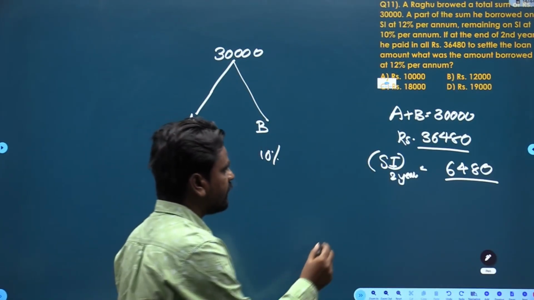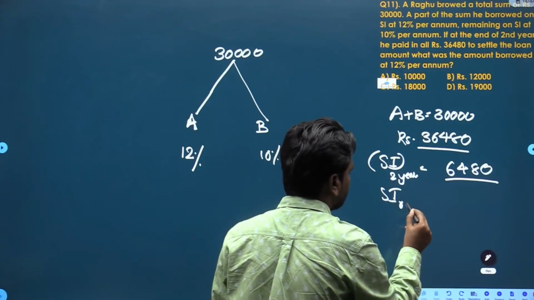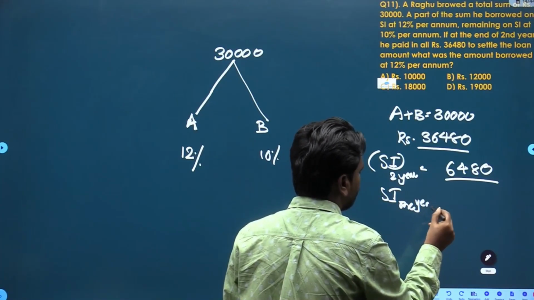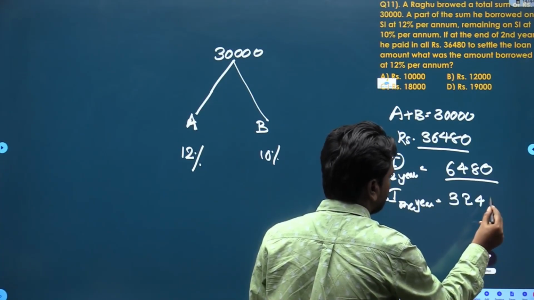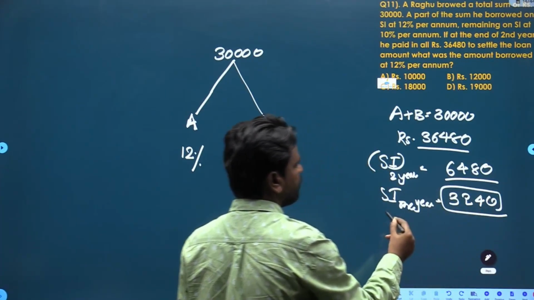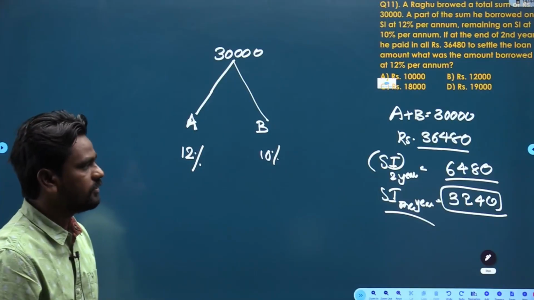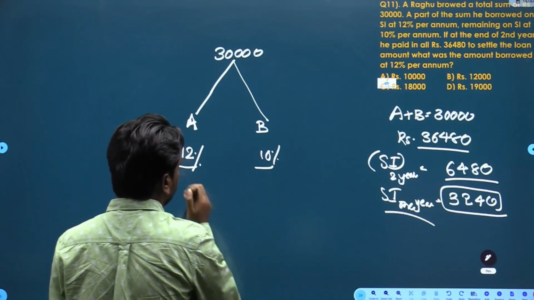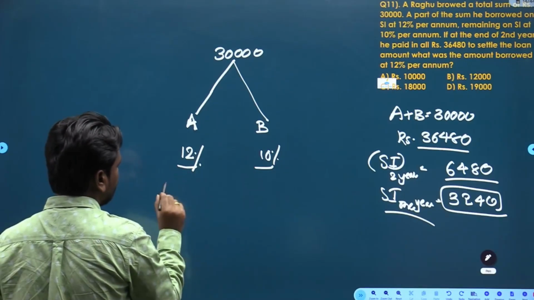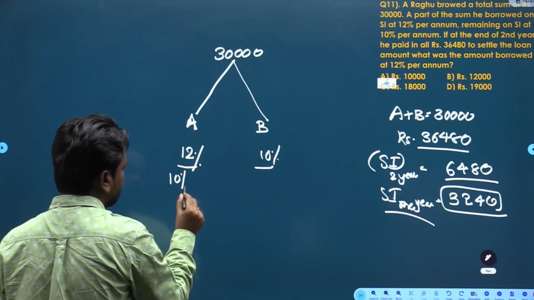So how much is the interest for 1 year? For 1 year the simple interest is 3,240 rupees. Now look here, you can write 12% as 10% plus 2%.